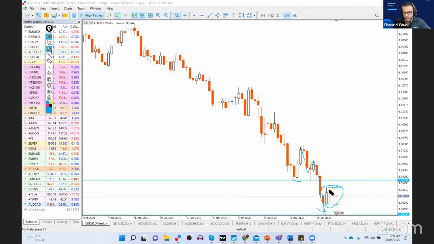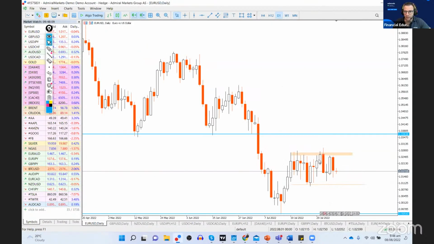So far we had an inside candle and then another inside candle, with a false break at the top. It looks bearish, but within this range here. If we go down to the daily chart, we will see that the market is still hovering around this sideways move, and we expect to soon see either a break on the downside or a break on the upside.